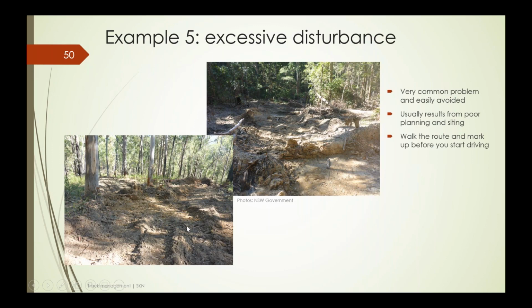This, I'm sure, could have been avoided basically by walking around the compartment and working out the route in and out. But what's happened is we've got a little bit constrained by trees down the way, and so we've had to change direction. But in the process, the blade's been down, so disturbed a very large area of soil that really did not need to be disturbed.